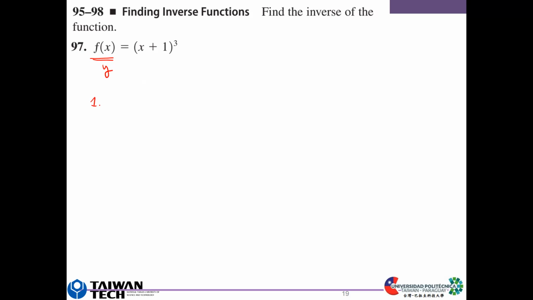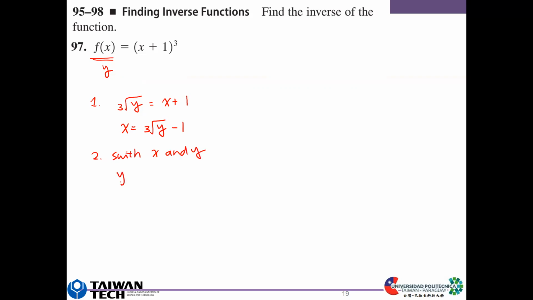So we have this cube root, the cube root of y equals x plus 1. So x equals the cube root of y minus 1. And then the second step, switch x and y.